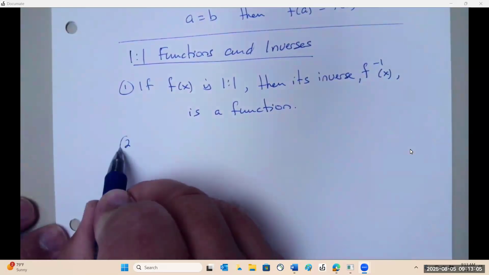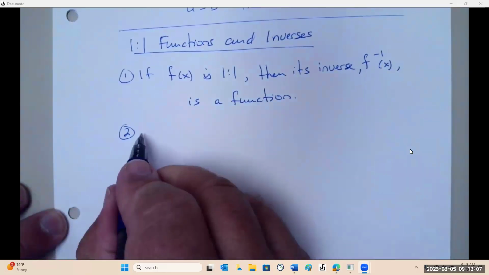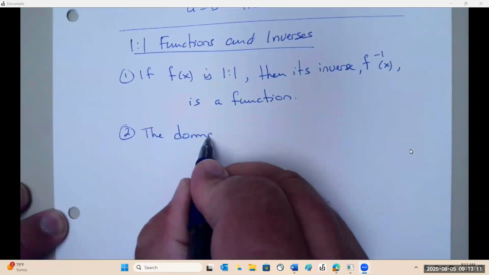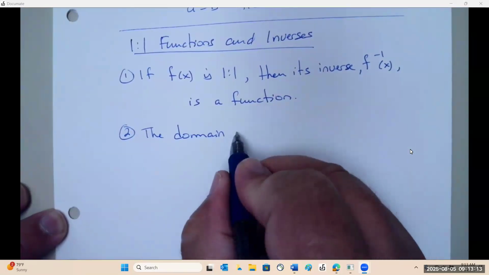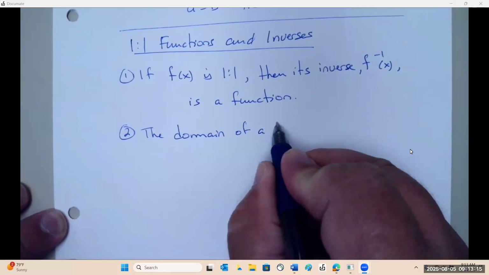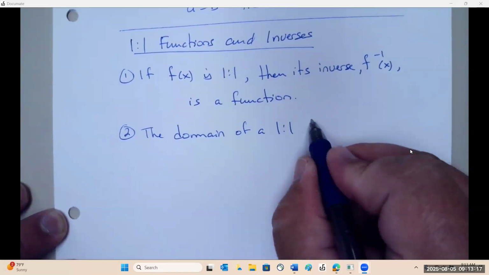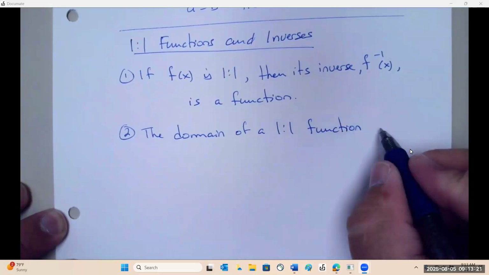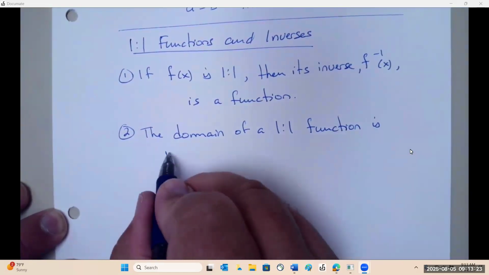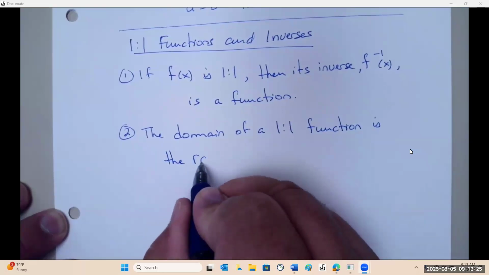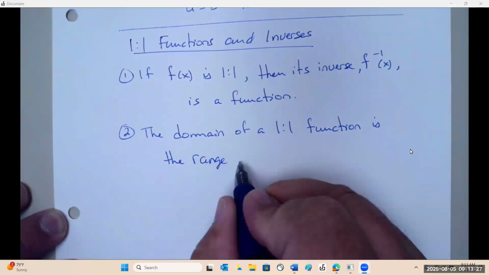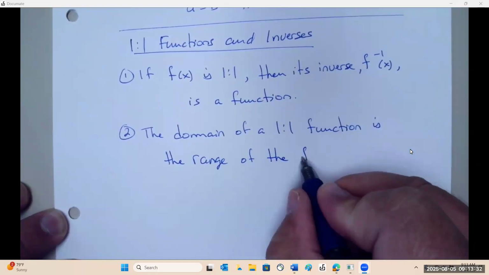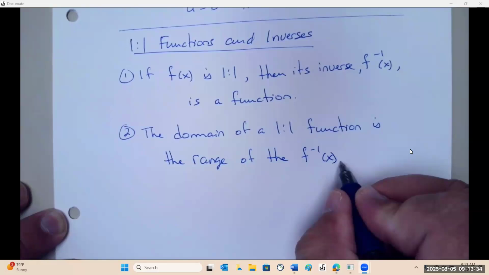Number two. The domain of a one-to-one function is the range of the inverse of that function.